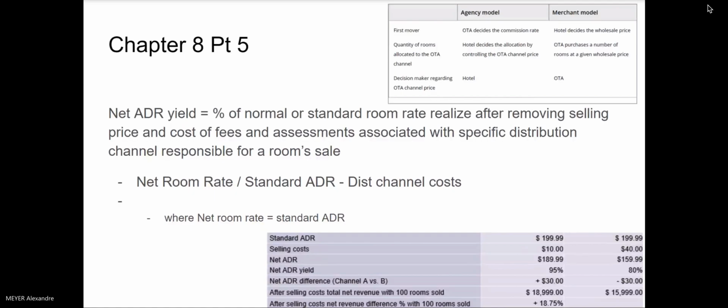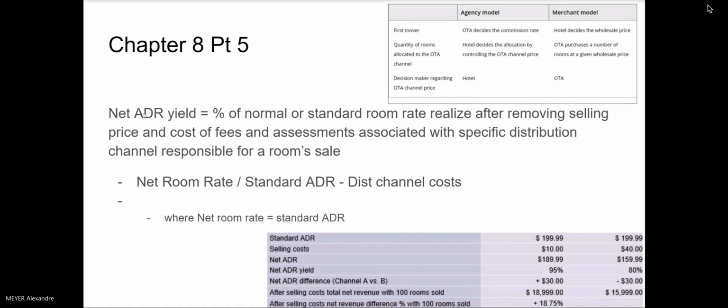In the agency model, the hotel decides the price, and then they are able to distribute that price to everyone else so that everyone's on the same page, right? So in the merchant model, the OTA purchases a number of rooms, whereas in the agency model, the hotel decides the allocation and controls the price. So this would be agency models where you'd have rate parity.